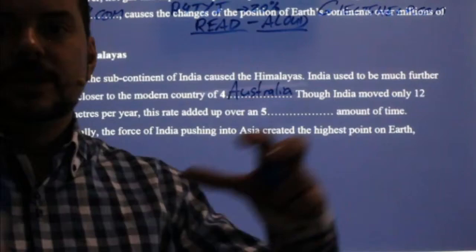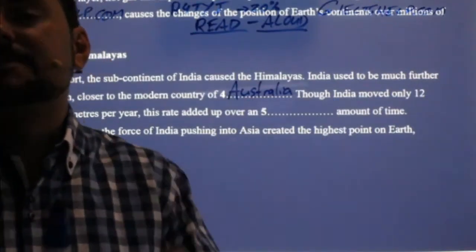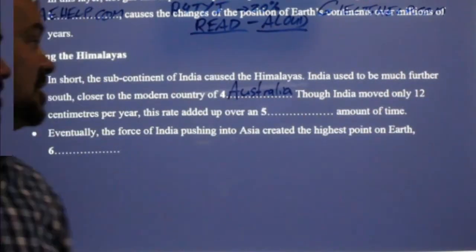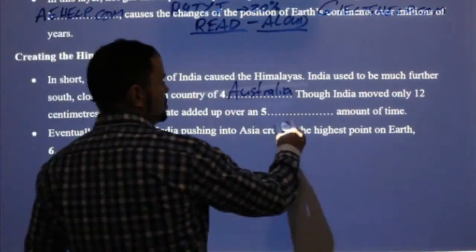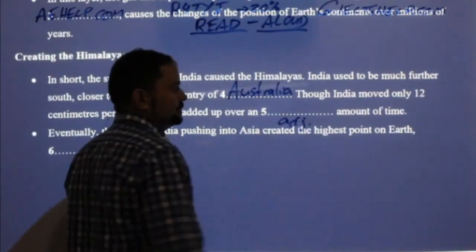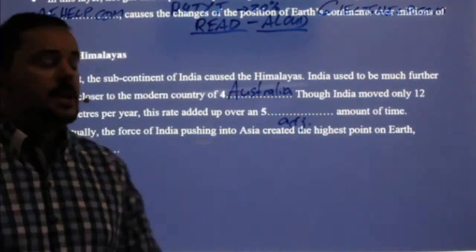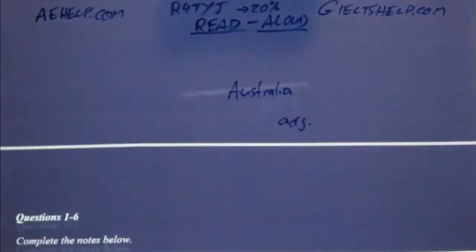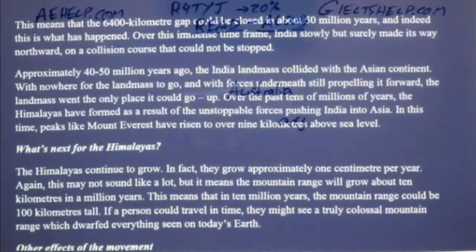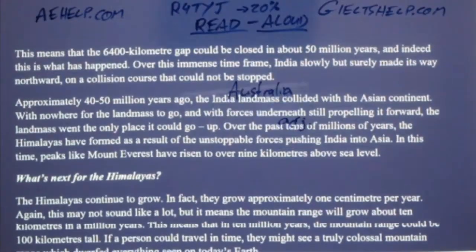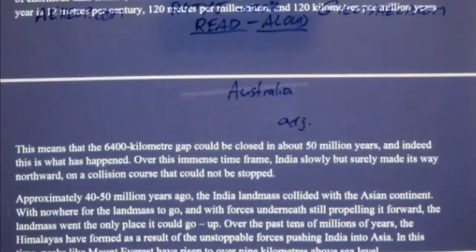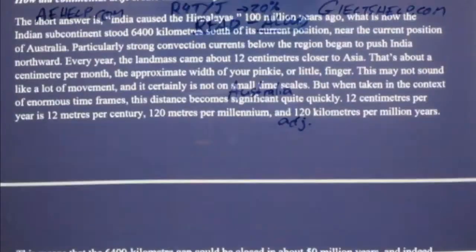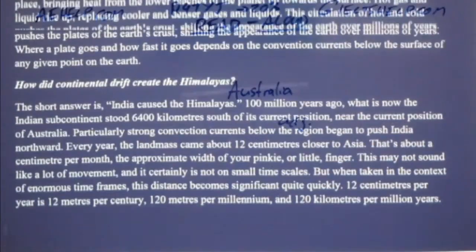Okay, so 12 centimeters a year, it's not a lot, but through... so it's an adjective here. This is going to be an adjective. Again, I can check here. I'm looking for Australia. Because I did my fluency practice, I can find Australia very quickly. I remember this was about here somewhere.